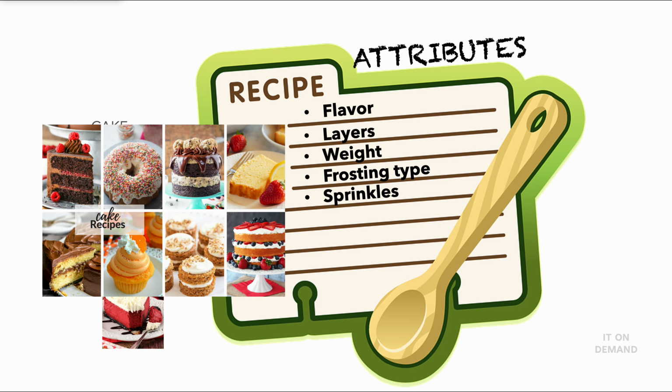These are the characteristics of a cake. It's like asking, how can you identify a cake when you see one? Those are the questions you want to ask yourself when you're thinking in terms of objects. Again, the recipe is not the actual thing. The actual thing is the cake we're baking.